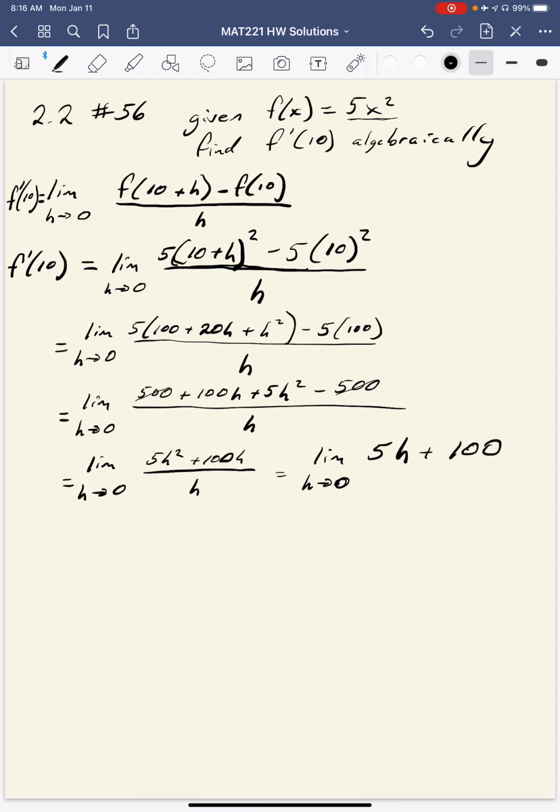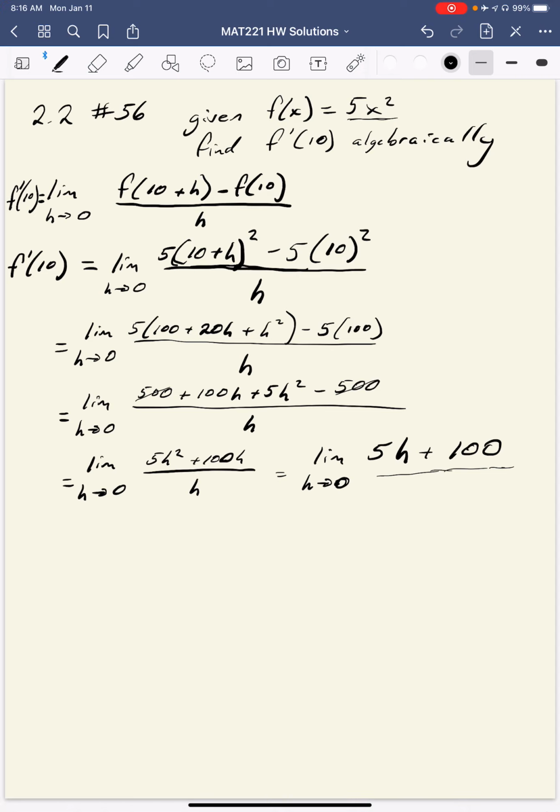So now I'm taking the limit as h approaches 0 of this expression right here. Okay, so now let's actually take that limit and let's see what that is. Well, let's think about what happens. As h gets closer and closer to 0, 5 times h is going to also get closer and closer to 0 because 0 times any number is 0.